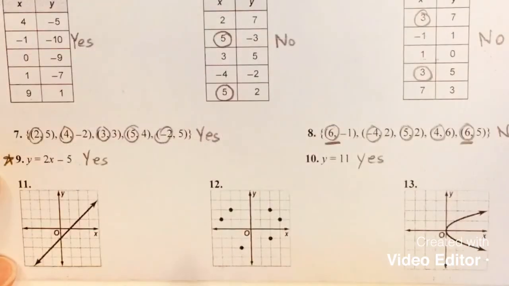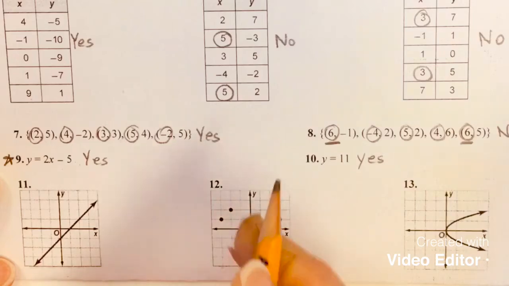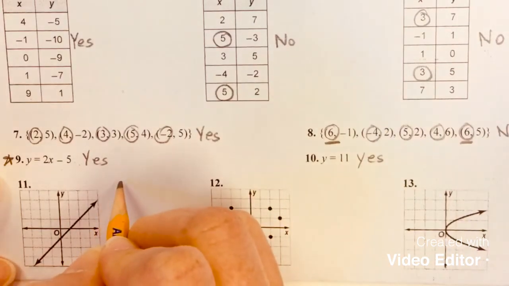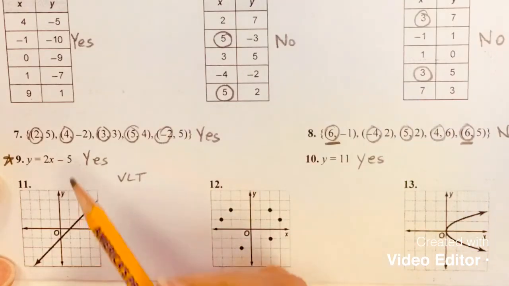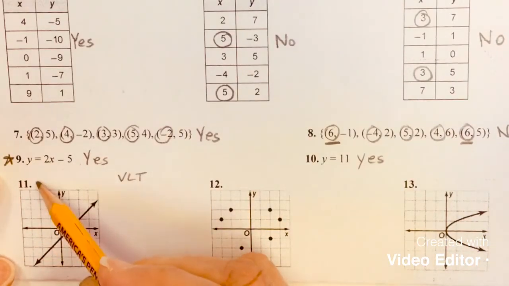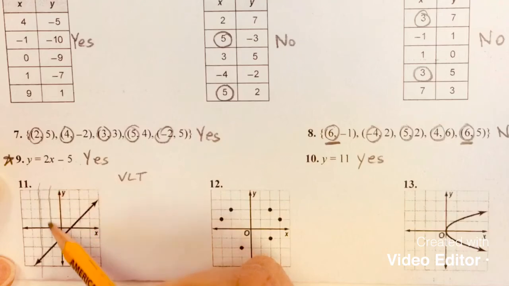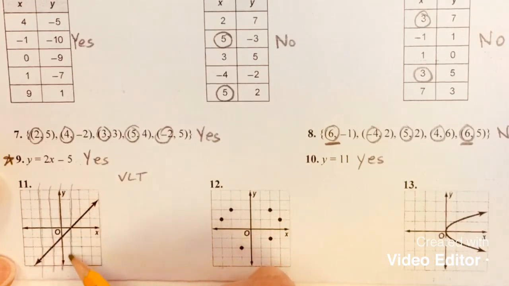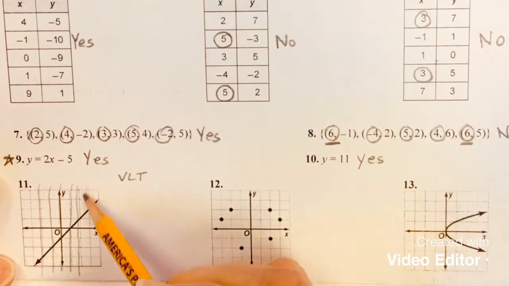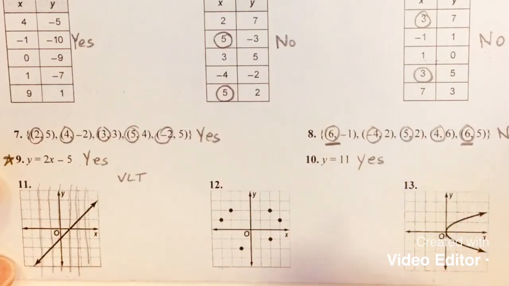The last 3 I want to go over with you is saying if it's a function. Now remember, VLT stands for vertical line test. Does it pass it? If I were to put vertical lines going all the way down this positive line here, does it pass the VLT? Yes, it does.